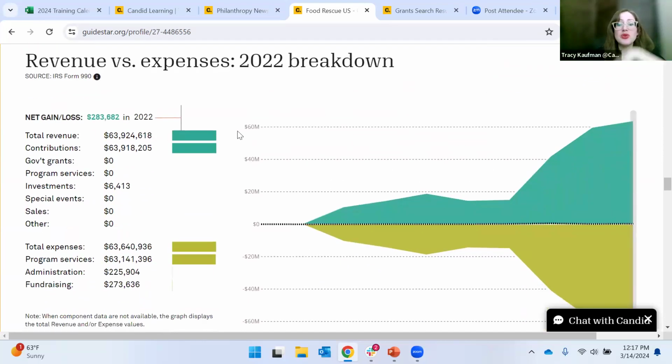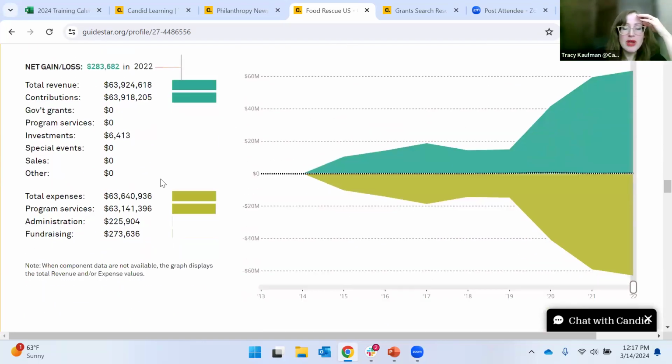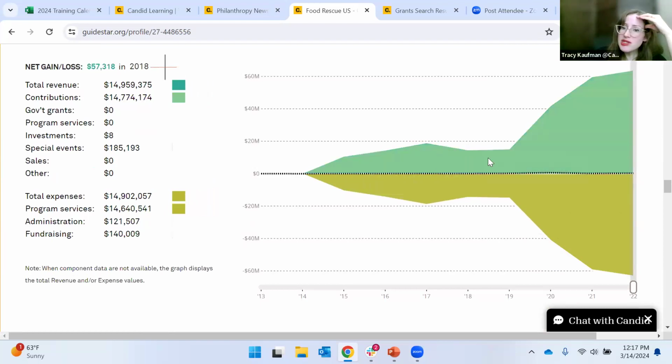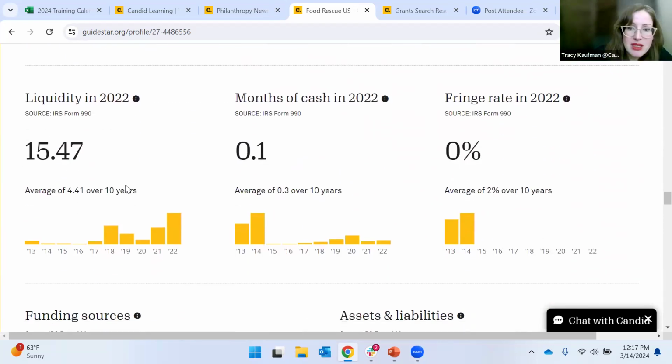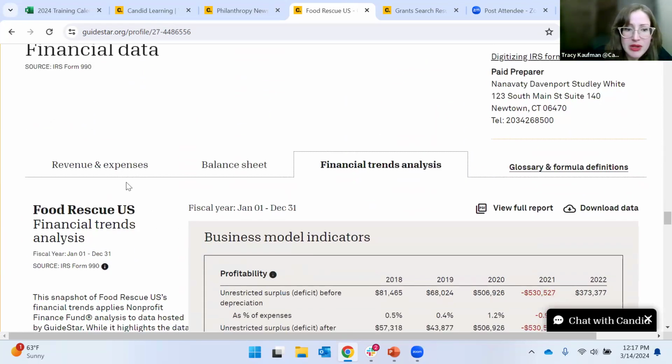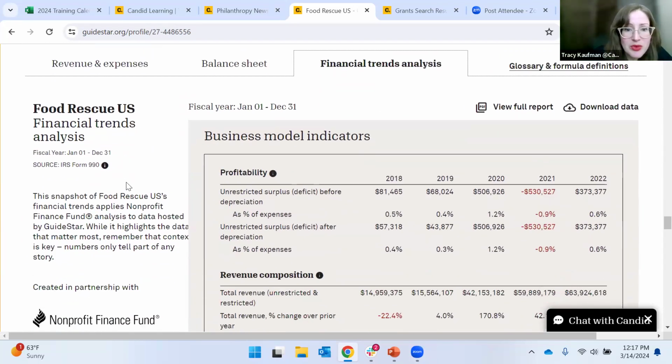Then you can look into your finances here, revenue and expenses, which also just tells a story over time. And if you've had any difficult years in the past, and a lot of us have, you have the option to explain why, so that it makes sense. So there's all kinds of detail here that you can fiddle around with.